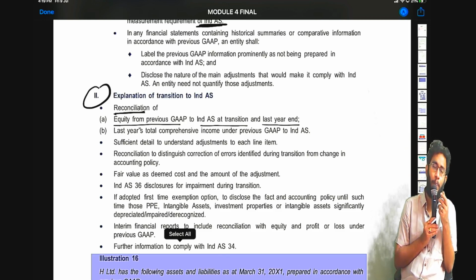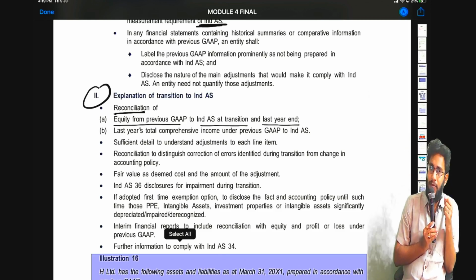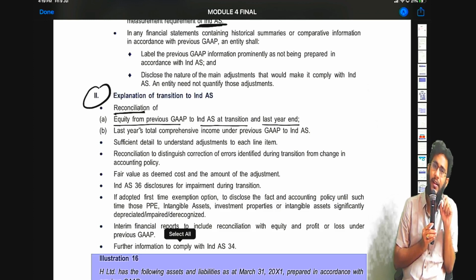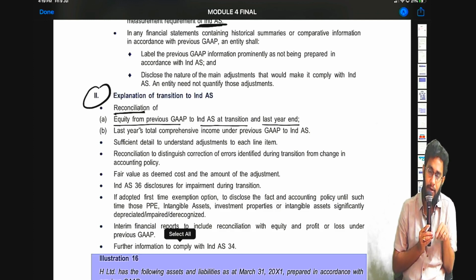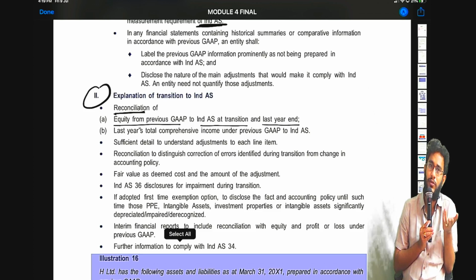Example, I'll tell you. As per AS, under the heading of equity, shareholder funds, reserves and surplus, money received against share warrants used to be there, right? In share capital, you used to include even preference share capital as per old GAAP, Schedule 3 Division 1. But as per Ind AS, preference share capital most likely is going to be a liability. So we'll remove that, correct?